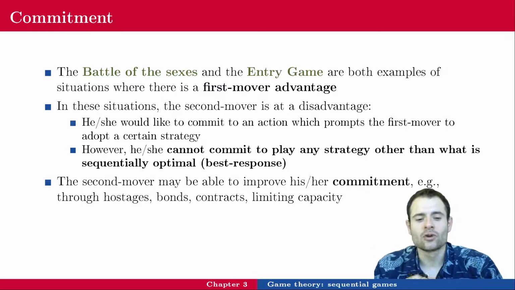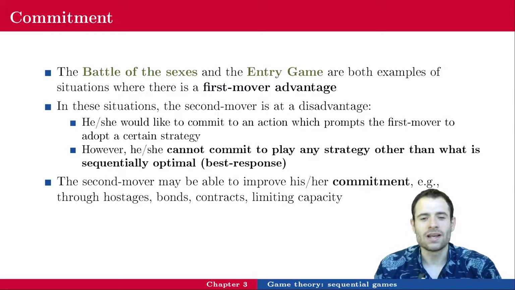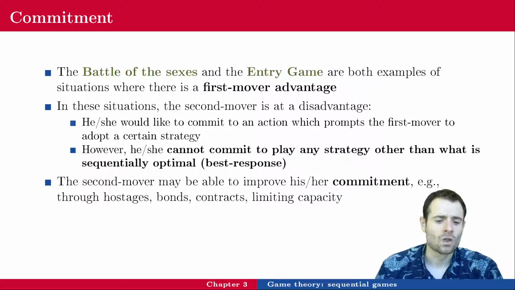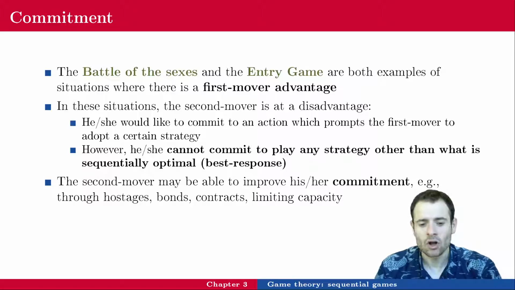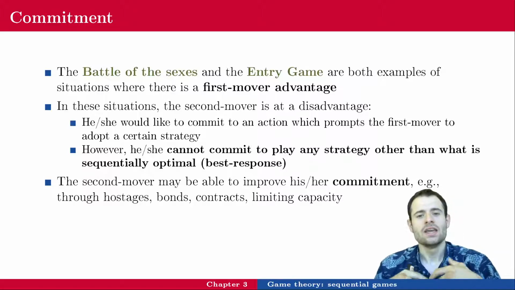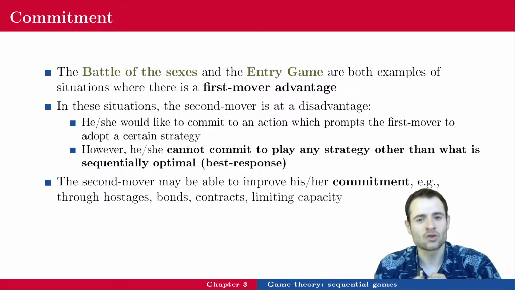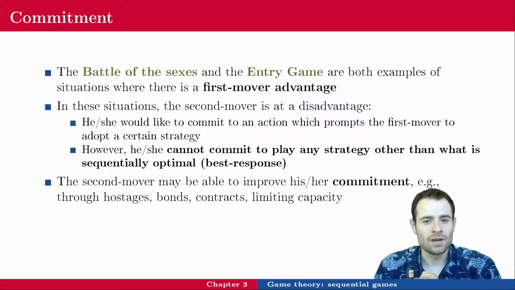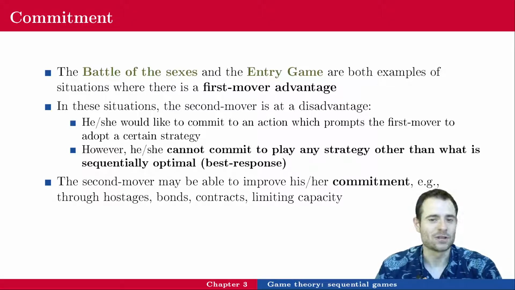If the second mover had a way to commit, it could be something like having a hostage or some kind of a bond, contract, limiting capacity. If the second mover has a way to credibly threaten the first mover, then the first mover will be like, okay, if he's going to do that, then yeah, I should indeed do what he says.